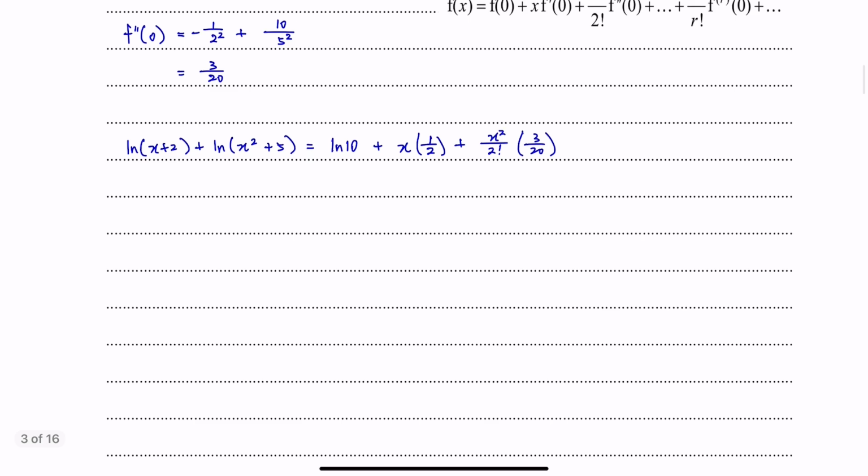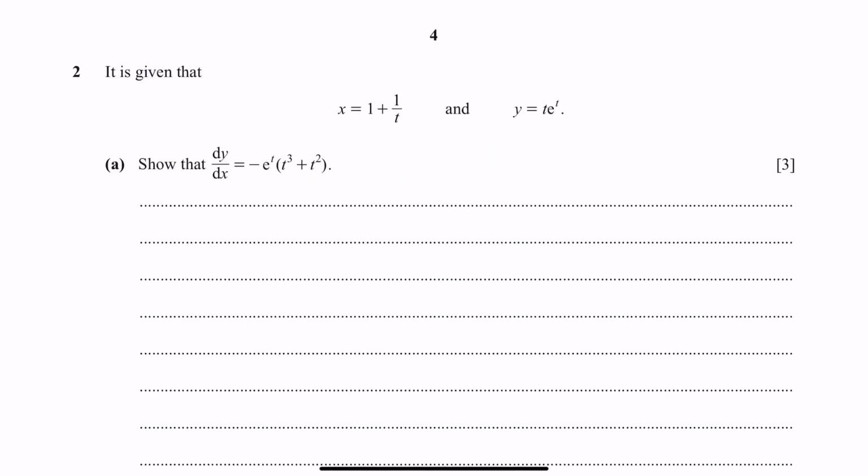And the final answer would be ln 10 plus half x plus 3 over 40 x squared. You can write this, but it doesn't really matter. Yes, this will be the final answer for question 1.